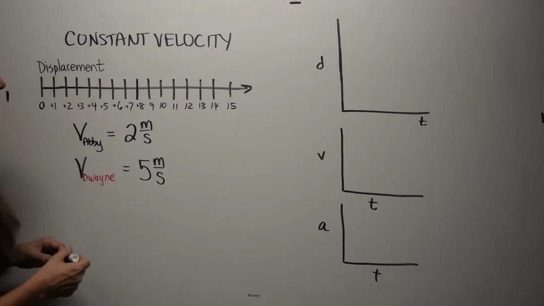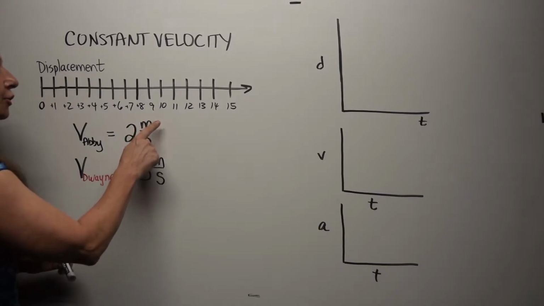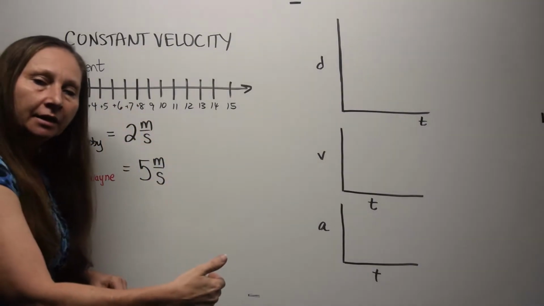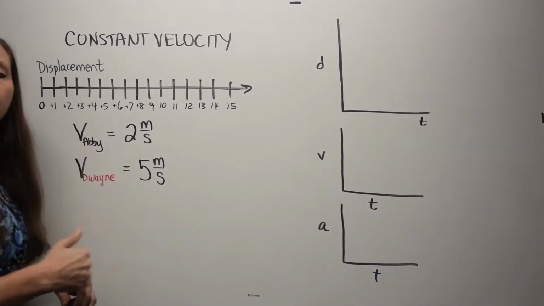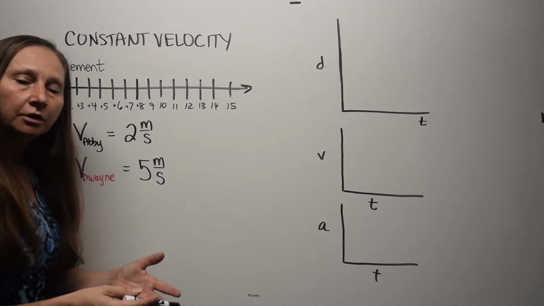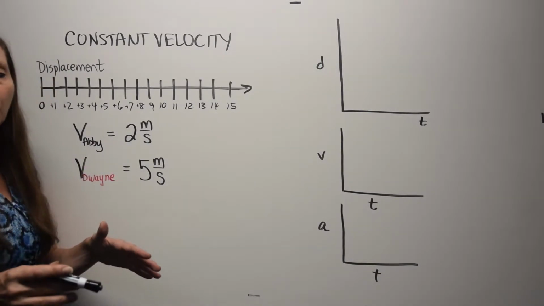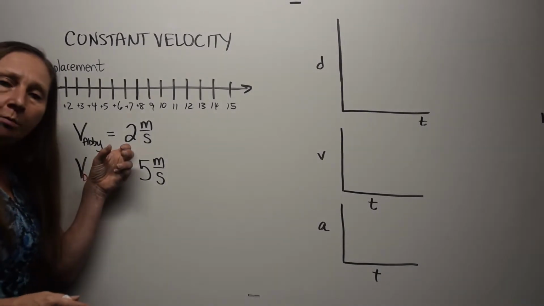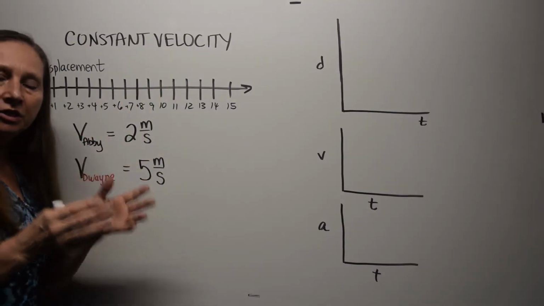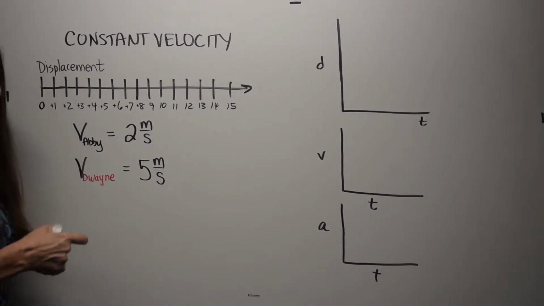So what 2 meters per second means is that each second, Abby covers 2 more meters. So she's not going faster and faster or slower and slower. She covers 2 meters every second. Her velocity stays the same, but she's moving.